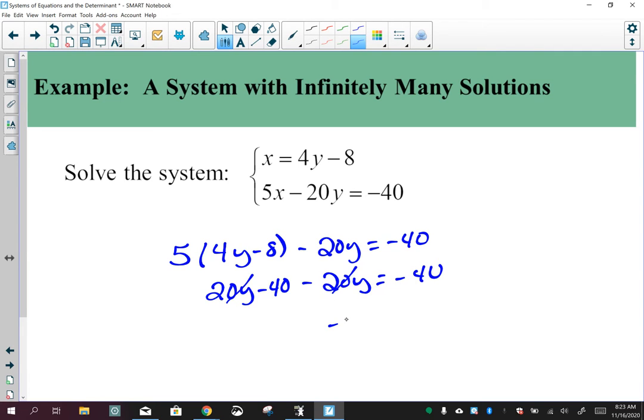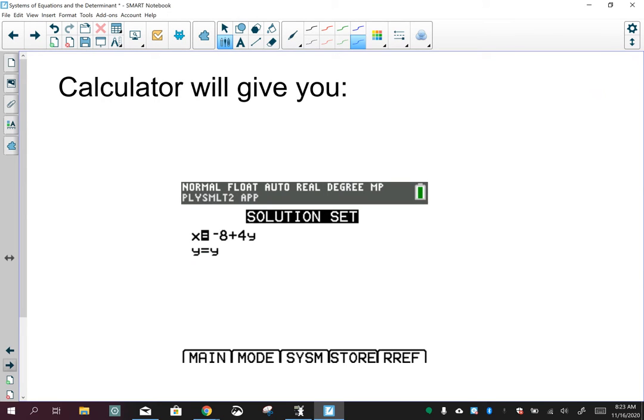My y's cancel out, and I have negative 40 is equal to negative 40. That's a true statement. Since this is a true statement, you have an infinite amount of solutions. That means all your numbers are going to work. Again, your calculator is going to give you this. So this is how you know that it's infinite. Either the x's or the y's will cancel like that, and because of that, you know that this is going to be an infinite set.